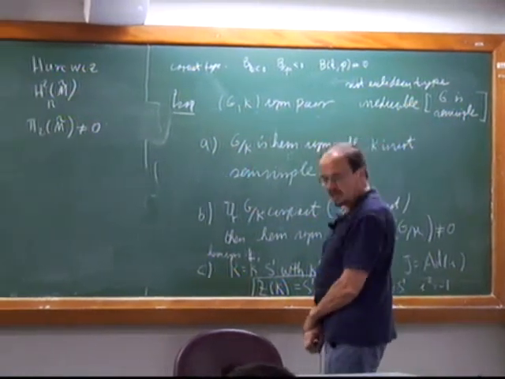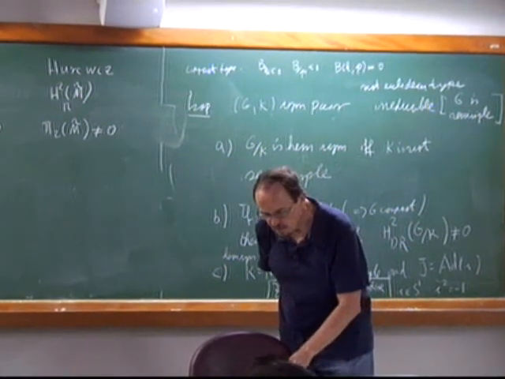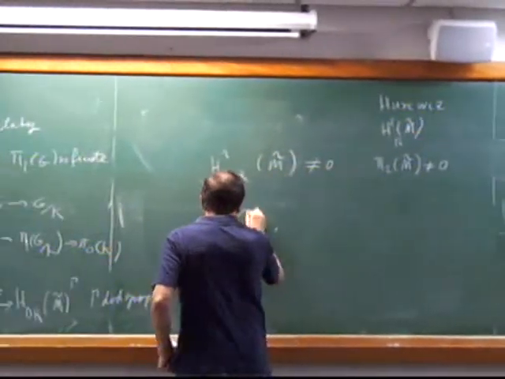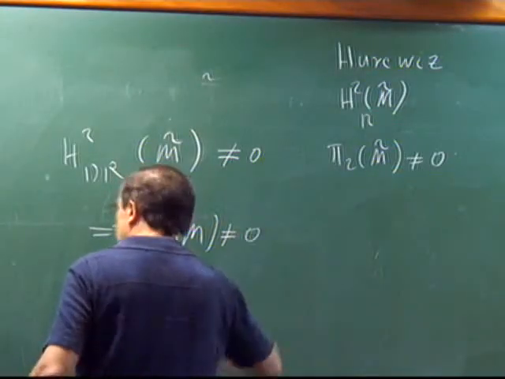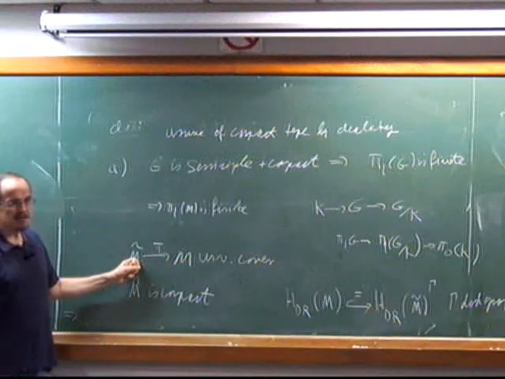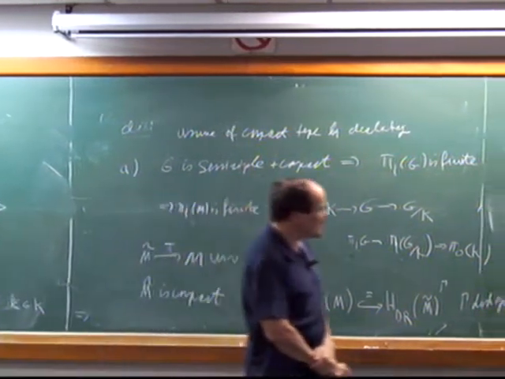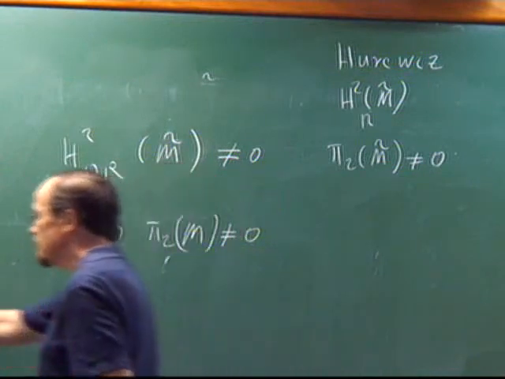So pi 2 of M tilde is non-zero, which means what? Pi 2 of M tilde is pi 2 of M. Right, because this is a finite cover. Under covers, there is an isomorphism on higher homotopy groups. I'm using a little bit of topology. And now what does that imply? Now I look again at my fibration here.